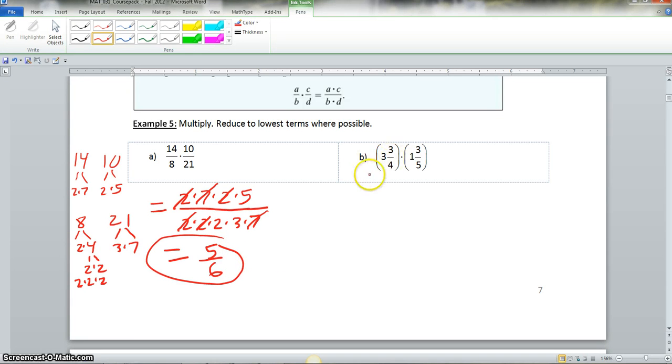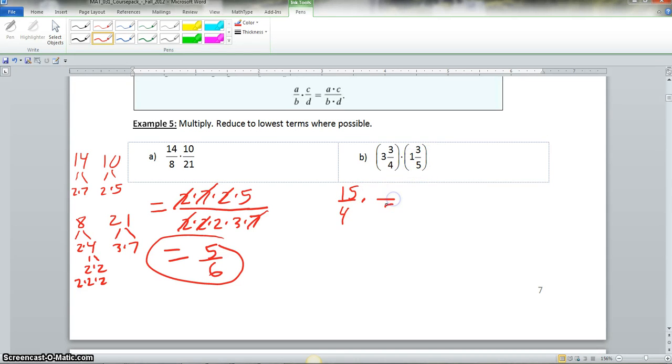Okay, now we take a look at b. Before we could do any type of simplifying, we need to change these mixed numbers to improper fractions. So, the first thing we would do here, we know that this 3 and 3/4, the denominator will remain 4, and our numerator will be 15, from what we were shown previously.